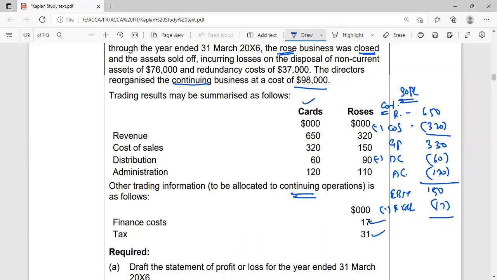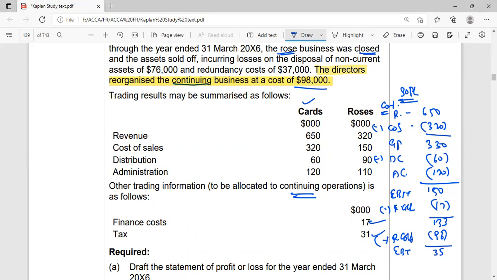So 150 minus 17 equals 133. Along with that, it is clearly stated that the directors reorganized the continuing business at a cost of 98,000, so we have to consider that reorganization cost of 98. Then EBT. So how much? 35.